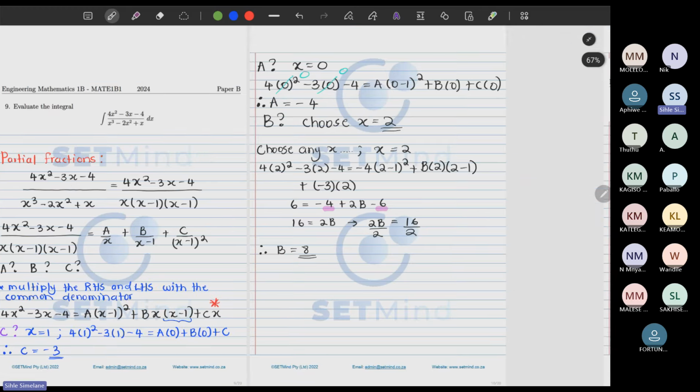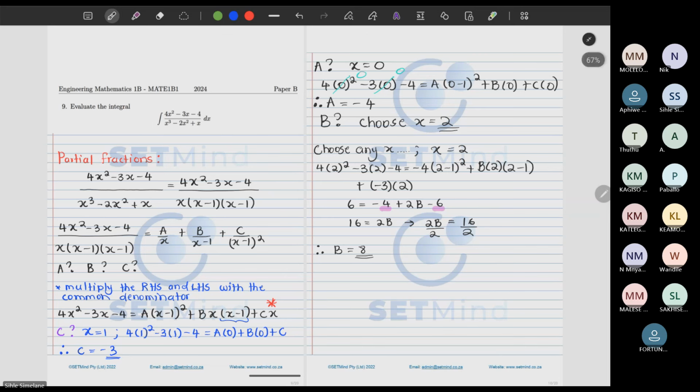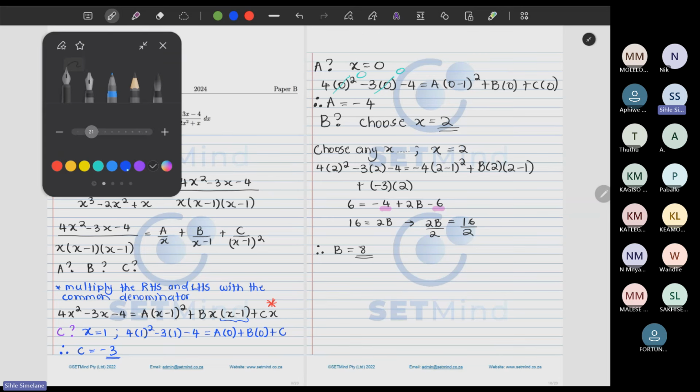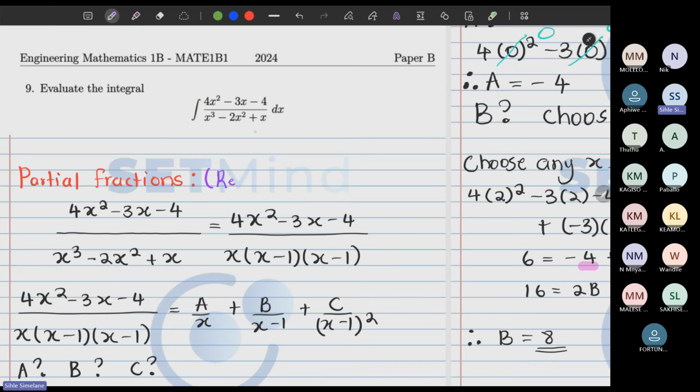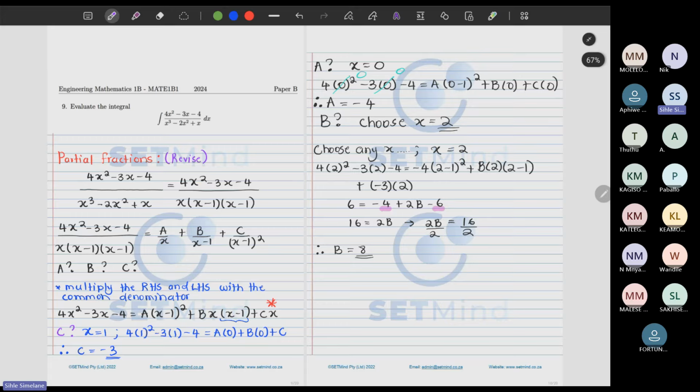Do you guys understand? Right. So here's what I want you to do. If you are confused, I need you to go and revise this section. Because if you are confused here, it means what you are struggling with fundamentally is partial fractions.